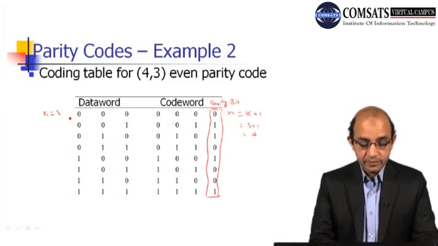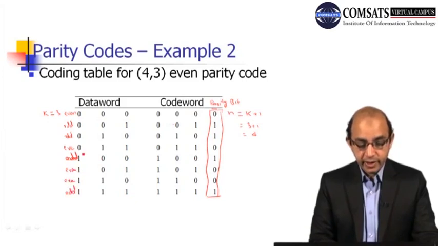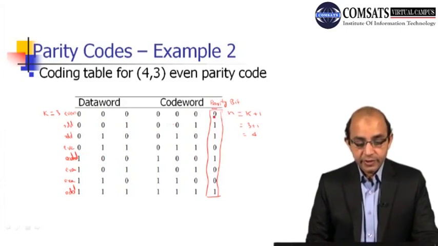So let me write down: even, odd, odd, and even, and here even and odd. So I can straight away put 0 here. This is odd, so 1 here, this is odd, 1 here, and even, 0 here, odd, 1 here, in order to make the odd as even, 0, even 0, and odd 0.